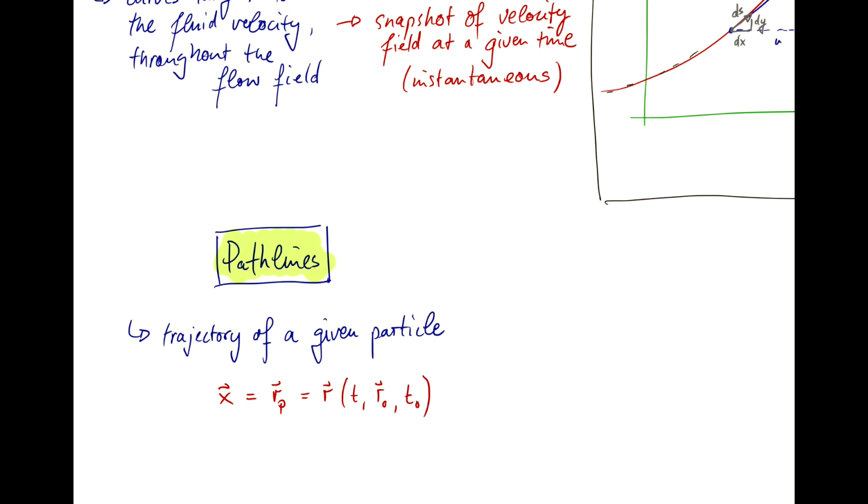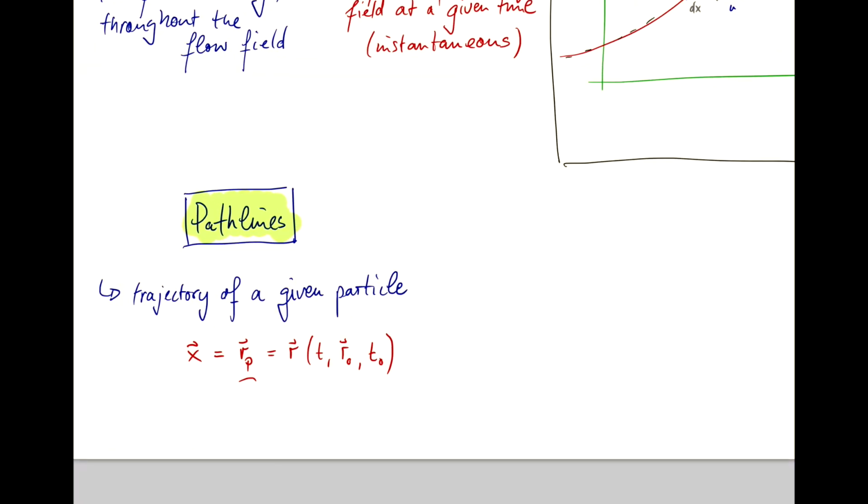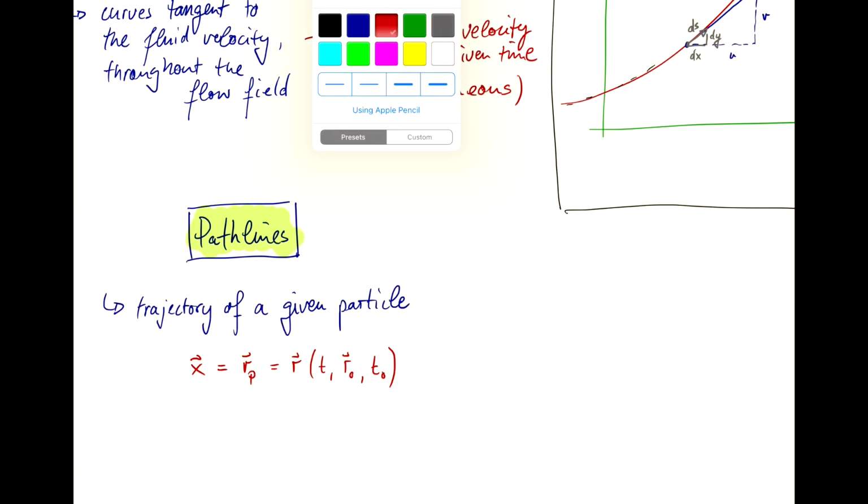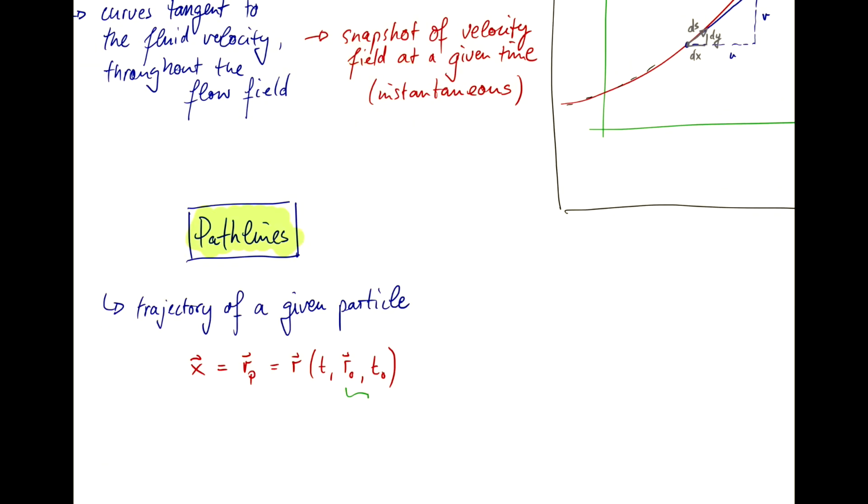If you know the initial location of a particle and you know the flow field, then you can calculate rp as we go through time. I should clarify here, r0 and t0 are the initial conditions, not independent variables.